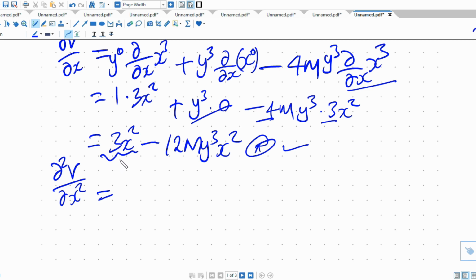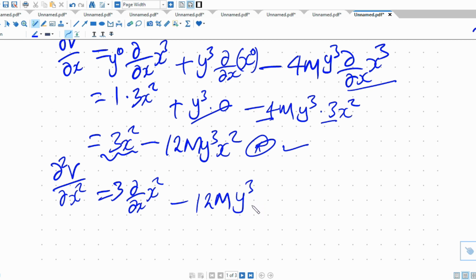It is there, but it's only that y is raised to 0. And since we are keeping y constant, we don't need to put it there because we shall be multiplying by 1 at the end. So we simply differentiate x squared here with respect to x, minus 12m.